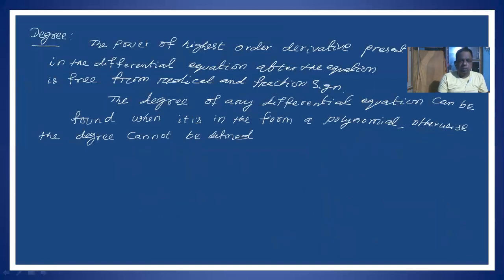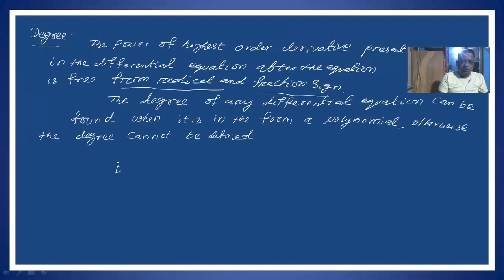Let us go for the degree of a partial differential equation. The degree is the power of the highest order derivative present in the differential equation after the equation is free from radicals and fraction signs. First, we have to discuss this point: what is the meaning of the highest order derivative after the equation is free from radicals and fraction signs.